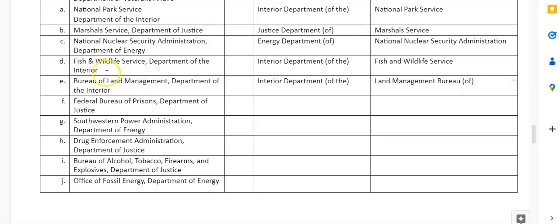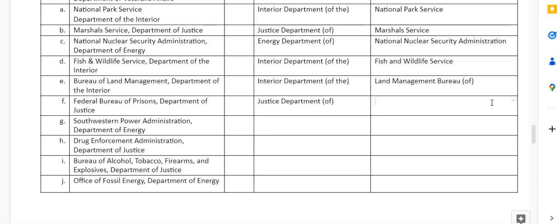Okay, for letter F, we have Federal Bureau of Prisons, Department of Justice. So our level 2 is going to be Justice, Department of, in parentheses. And then level 3: the next important thing is Federal Bureau of Prisons.